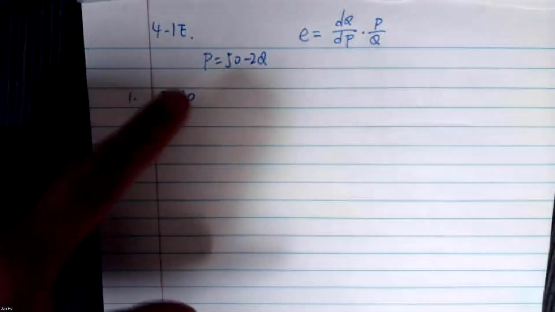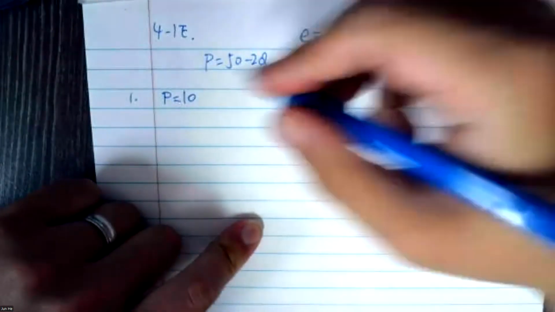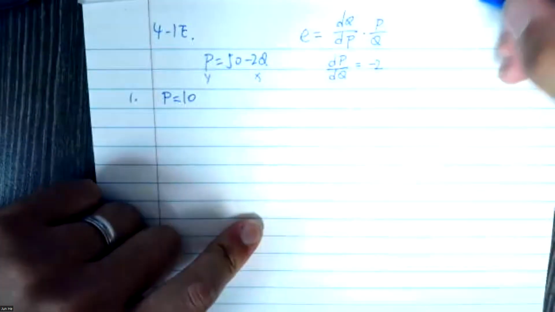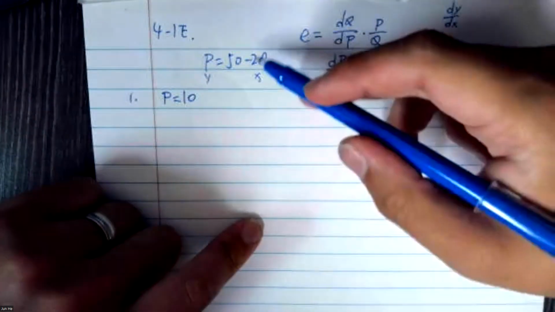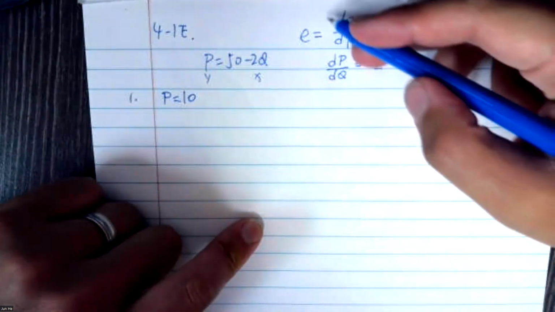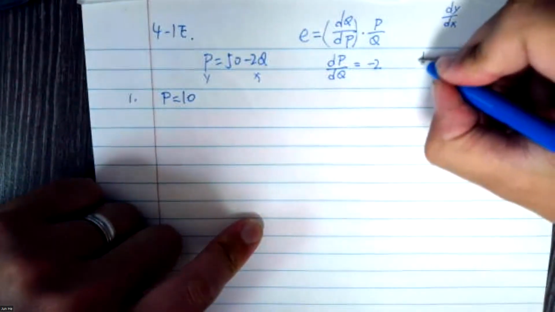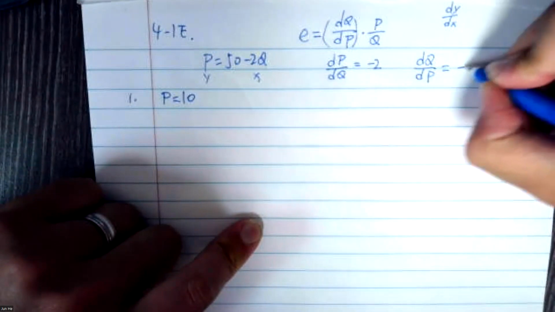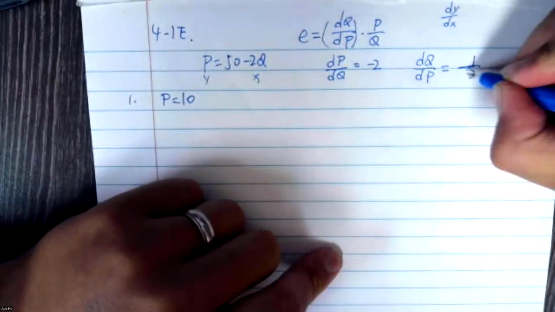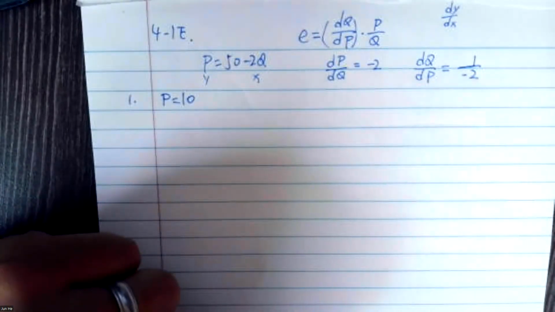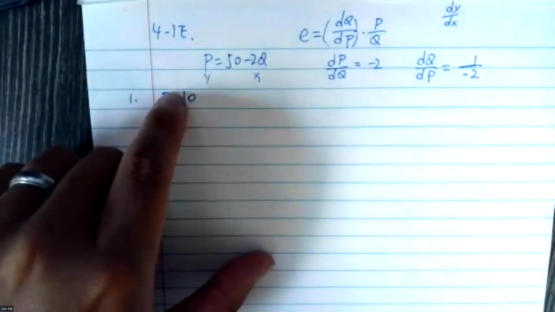So in this case, dP over dQ equals -2, because it's always dy over dx, and here P is in the place of y, Q is in the place of x. Then, in order to calculate elasticity, we need to find dQ over dP, which is the flip, the inverse of -2, which is -half.